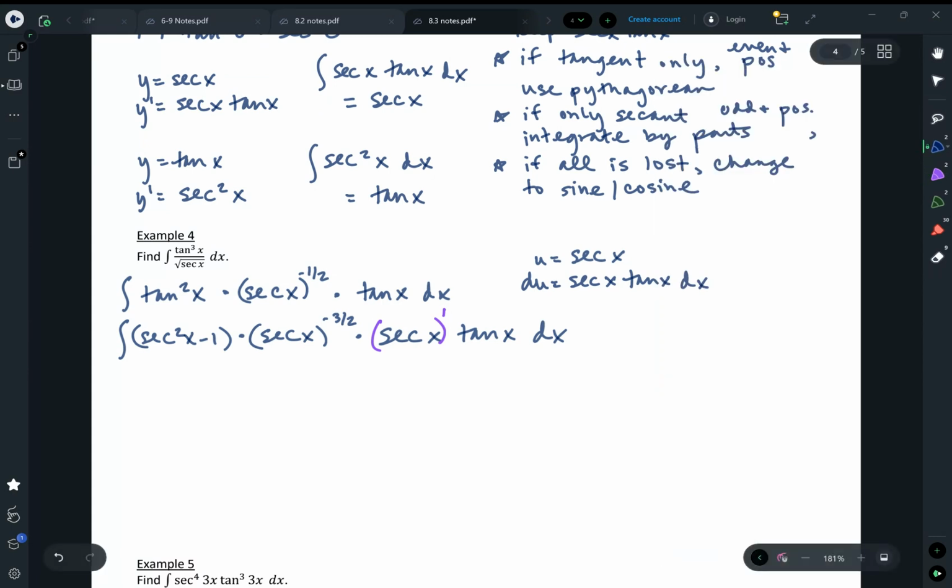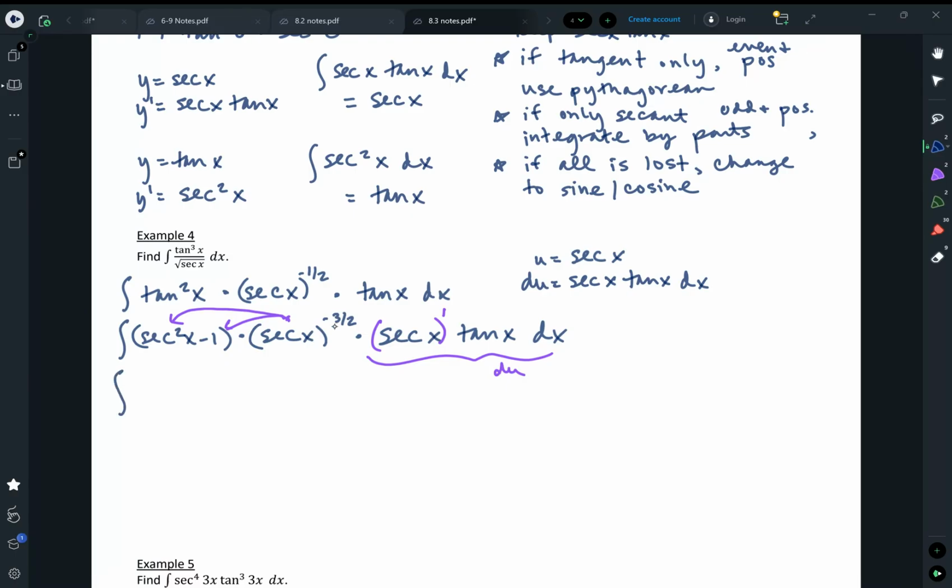All right, so now I want to distribute here. I'm going to distribute secant x to the negative 3/2 power here and here. And remember, we're saving this part as our du, so we're not going to touch that secant x. Over here, when I distribute this, negative 3/2 plus 2 would be a positive 1/2 power.